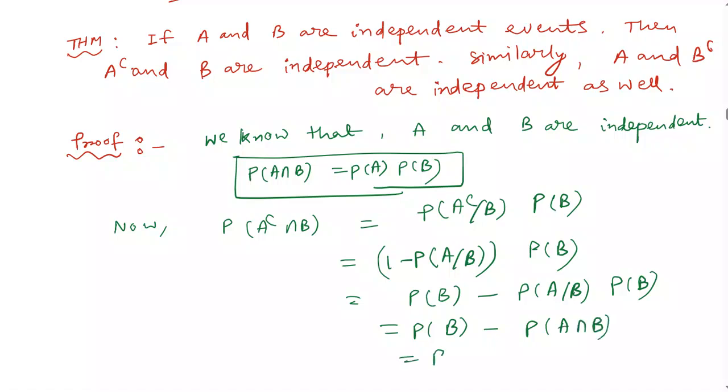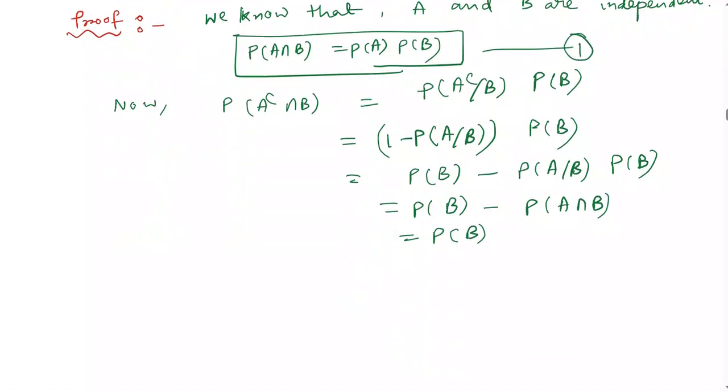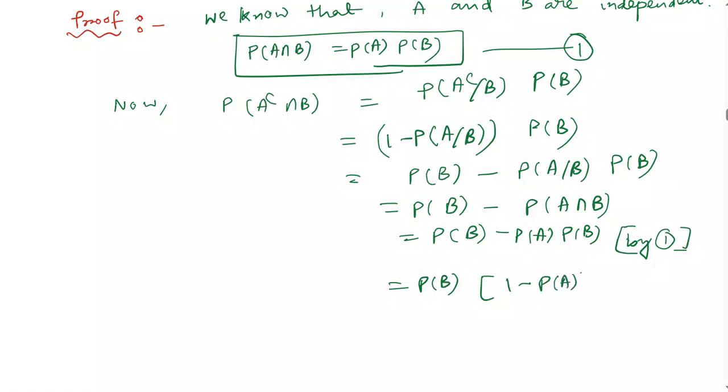Now A and B are independent means, this is equation 1, so from here I can say probability of B minus probability of A times probability of B, which implies probability of B times 1 minus probability of A. That is equal to probability of B times probability of A complement.